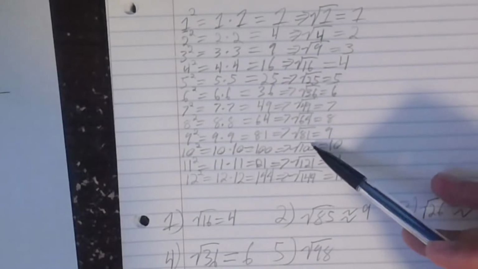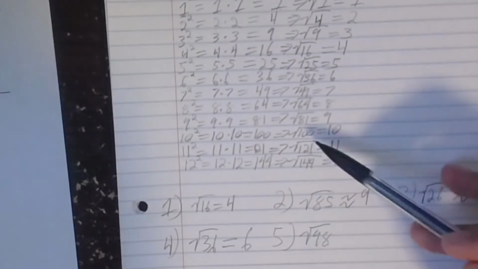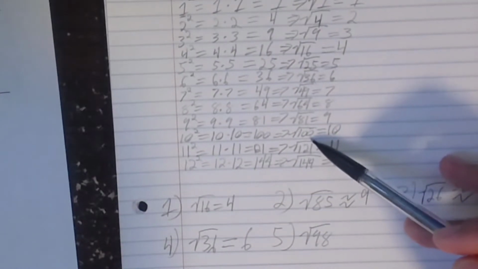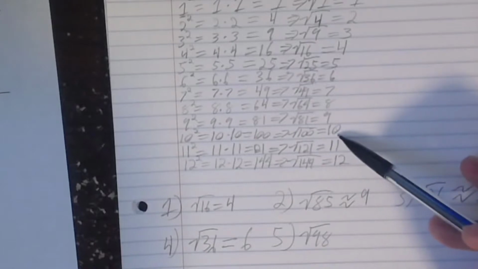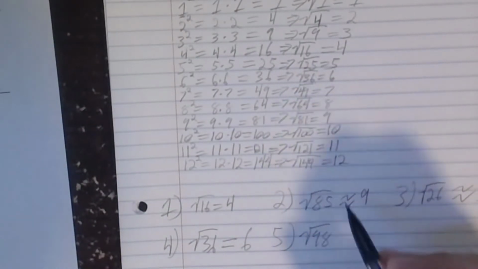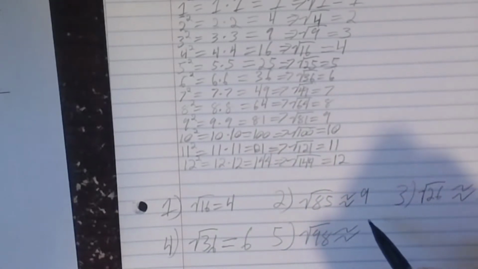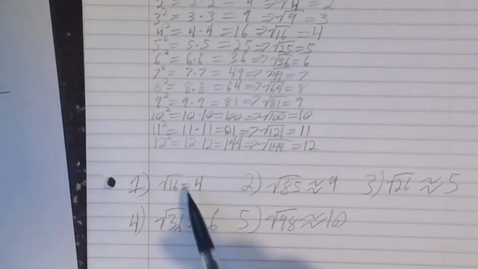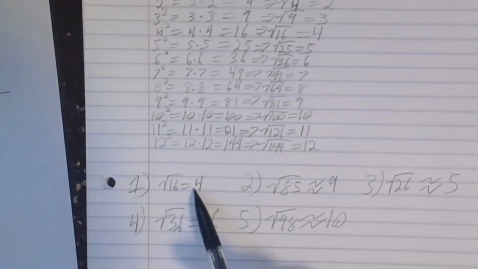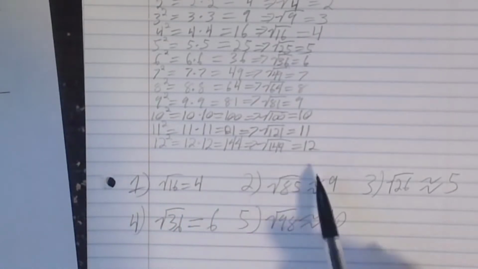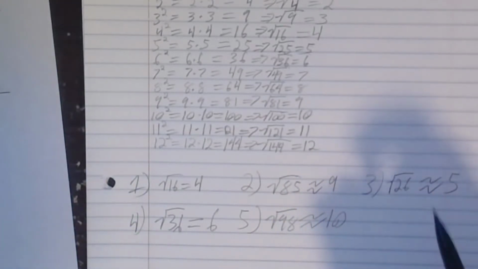Oh, it's in between 81 and 100, but it's closer to 100. So we say it's going to be closer to the square root of 100, which is 10. So it's approximately 10. Notice how when I do the exact answer, I put equal, and if it's approximate, I do the little squiggly. We're approximating.